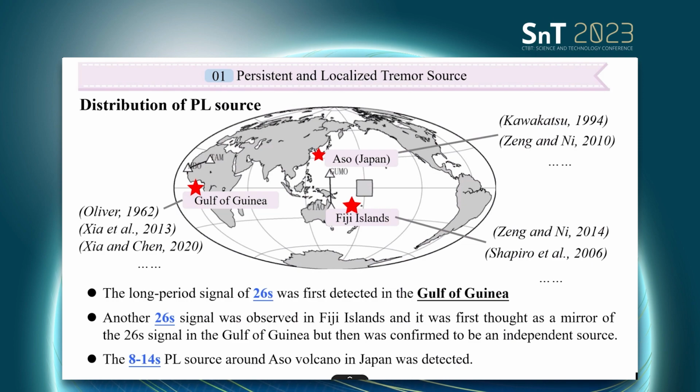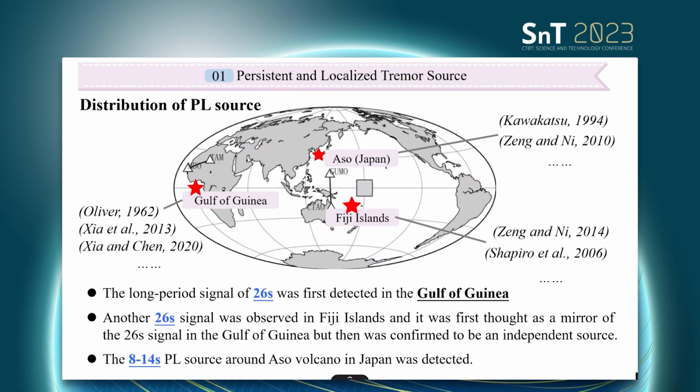The PL sources on the Earth are mainly distributed in 3 places: the Gulf of Guinea, the Aso volcano in Japan, and Fiji Island. In 1962, the long period signal of 26 seconds was first detected in the Gulf of Guinea.